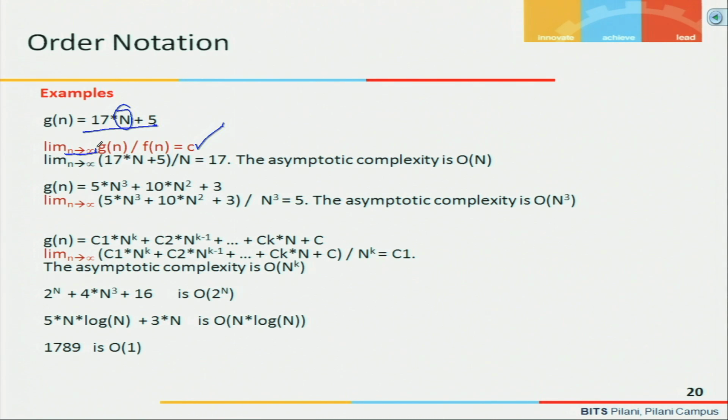If this is non-zero, then we say that g(n) is of order f(n). It is easy to observe here that this limit is 17, which is non-zero, so your function is of order n. These are simple observations supporting our definition.